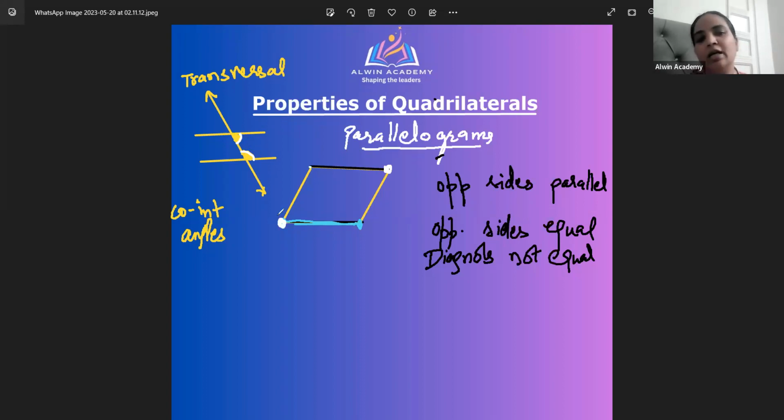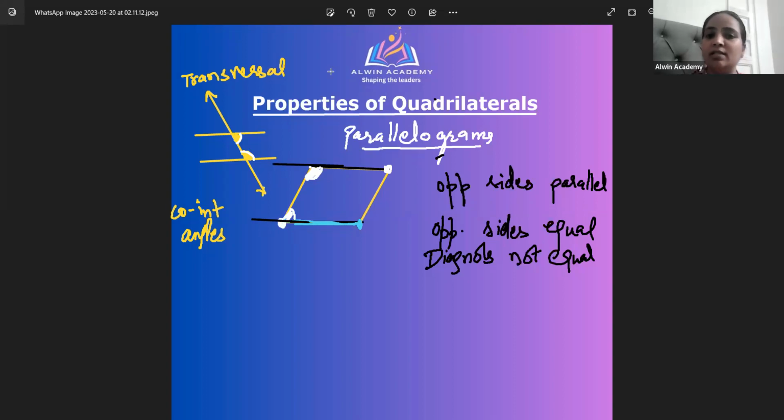Right, bache? So if I see here this angle and this angle, aren't they co-interior angles? Because in the parallelogram we have just now said that the lines are parallel, right? Yes, so this black line and this black line, they are parallel. Hai na beta, I'm not drawing geometrically, so it may be going a little here and there, but when we do constructions we'll make sure we are doing it correctly.